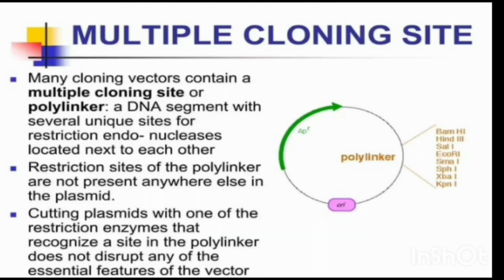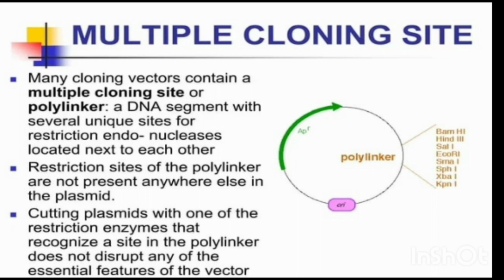Another thing: we have talked about ORI, we have talked about the selective marker. The third one is what? Multiple cloning site. Many cloning vectors contain a multiple cloning site or polylinker. This is a DNA segment with several unique restriction endonuclease sites located next to each other.